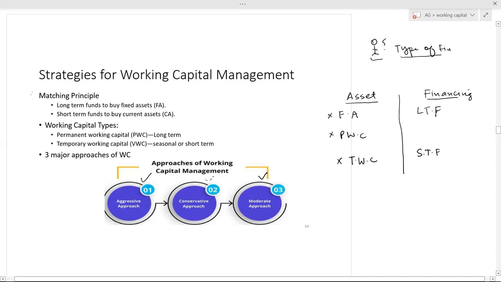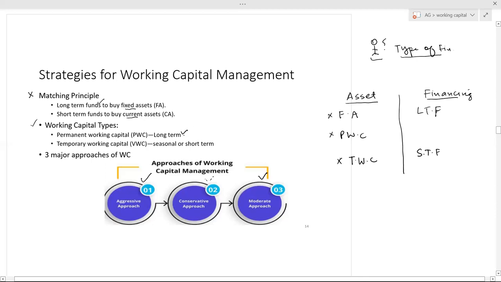Okay, so as you can see, first of all, the matching principle says that you need to buy the fixed asset using the long-term funds and current assets using the short-term funds. Okay, and also in the next part, there are two types of working capital: permanent working capital, so they are long-term current assets, and temporary working capital, they are seasonal or short-term.